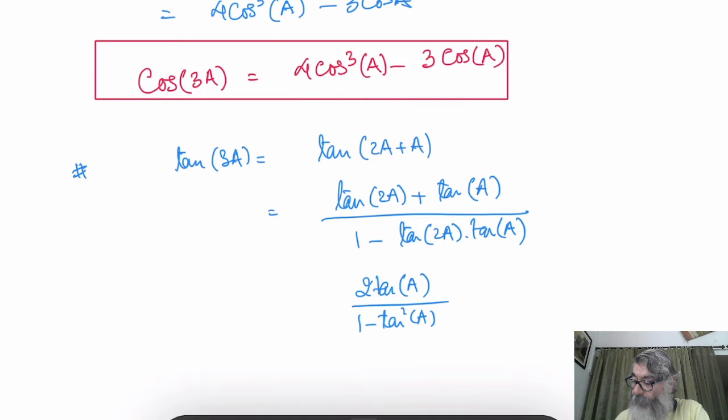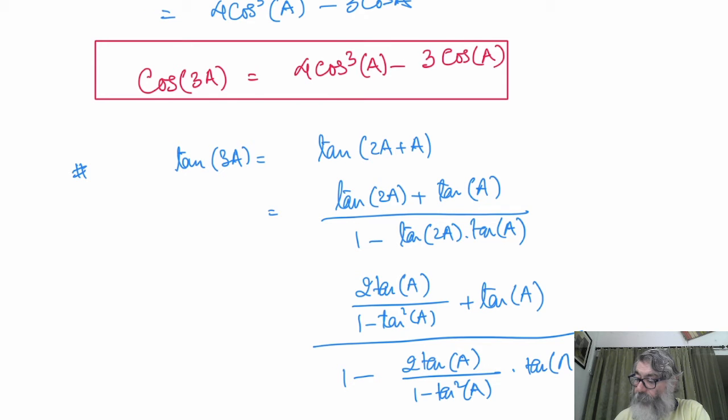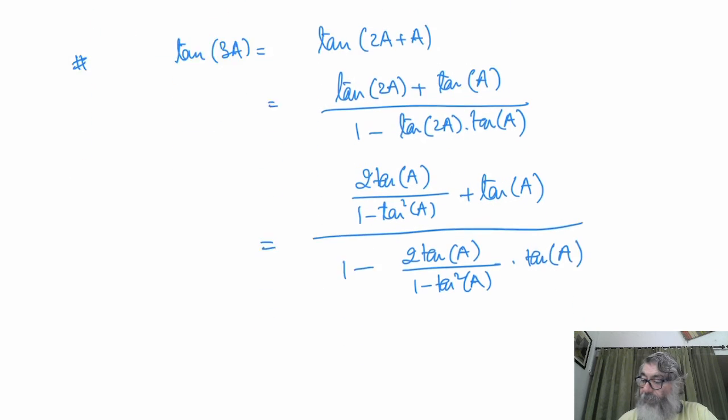So we get 2 tan A upon 1 minus tan square A plus tan A, upon 1 minus 2 tan A upon 1 minus tan square A into tan A. In the numerator it is plus tan A, in the denominator it is multiply.